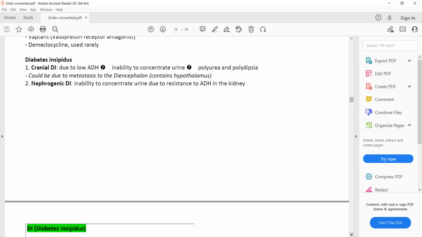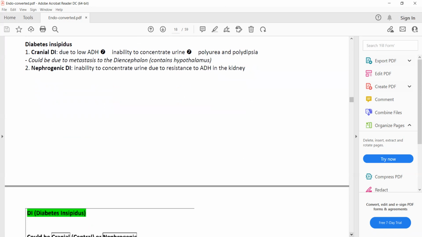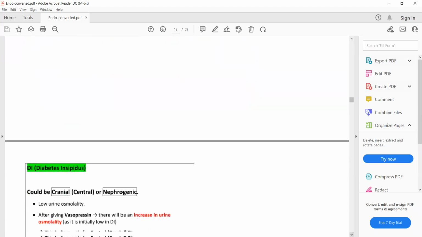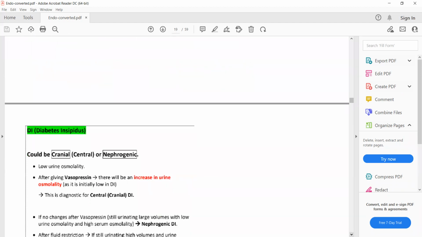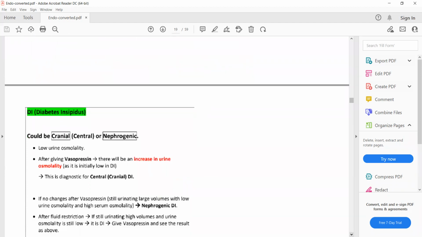So if someone presents to you with polyuria and polydipsia, then you will suspect diabetes insipidus. And the initial test that you need to perform for the diagnosis of diabetes insipidus is urine osmolality. So for the PLAB 1 exam, remember that if you're suspecting diabetes insipidus, the initial investigation will be urine osmolality.